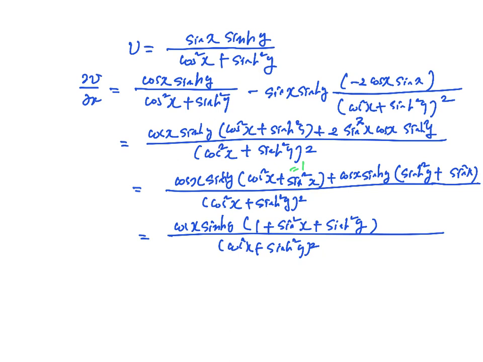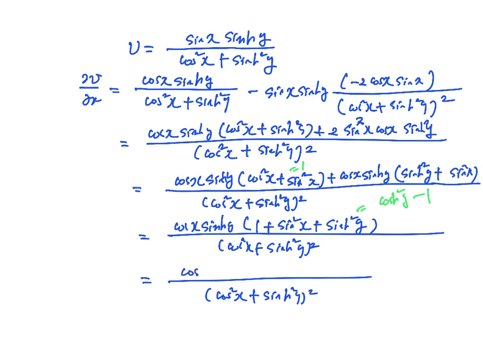And cosine hyperbolic square y minus sine hyperbolic square y is 1. So this is cosine hyperbolic square y minus 1, right, basically. So we can write it down as cosine square x plus sine hyperbolic square y, cosine x sine hyperbolic y, sine square x plus cosine square y.